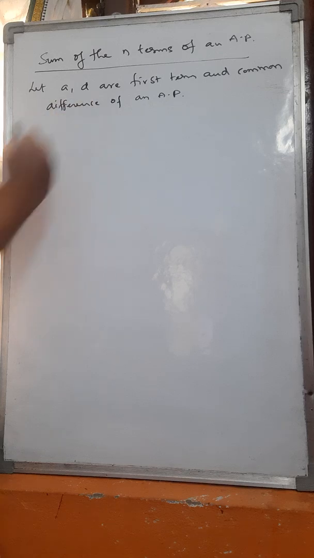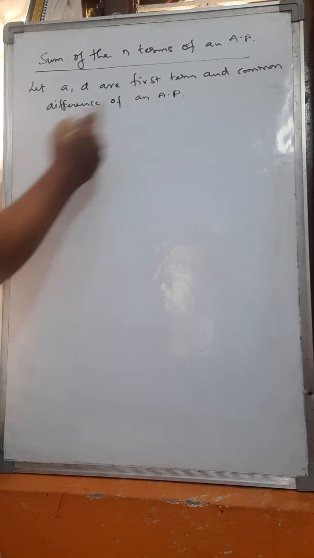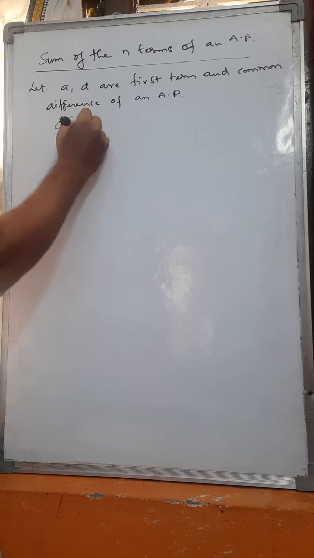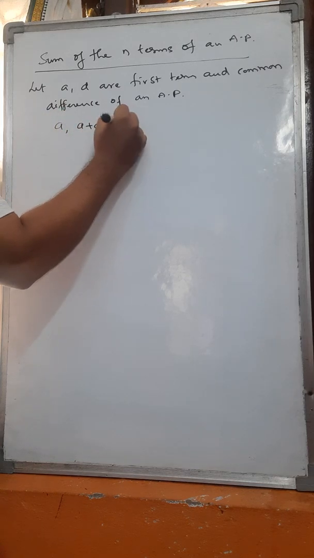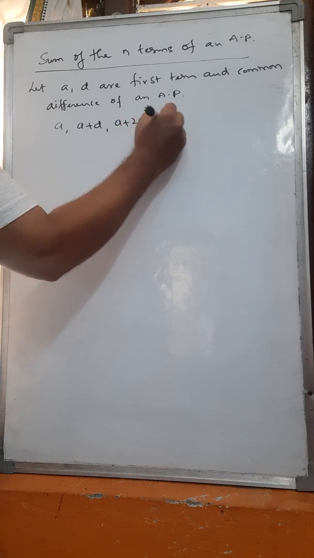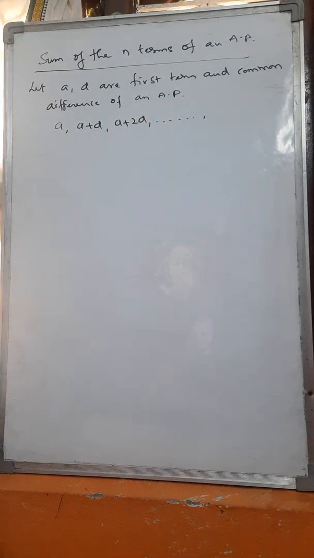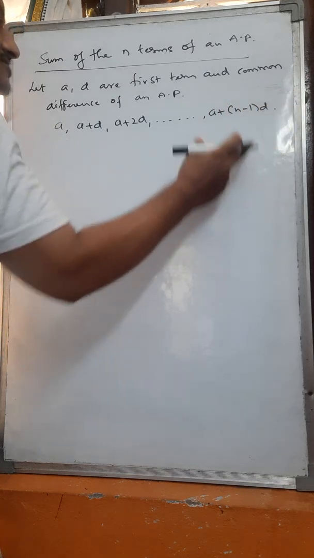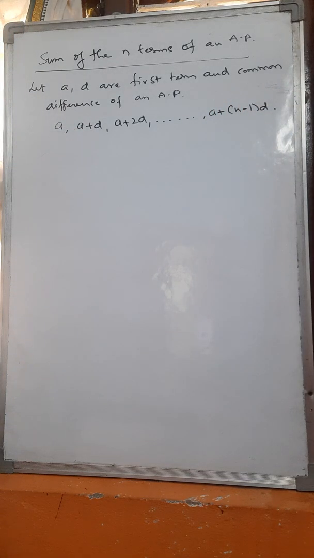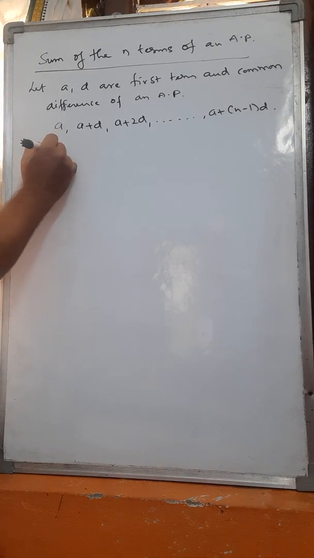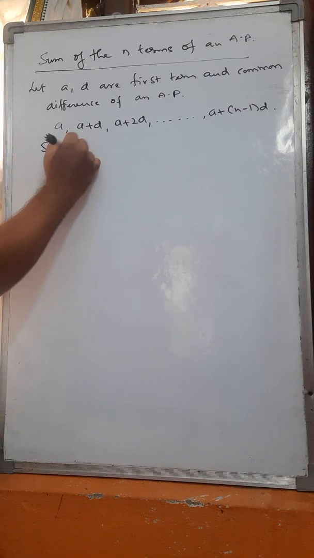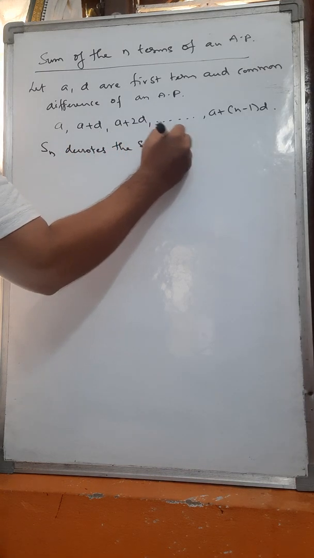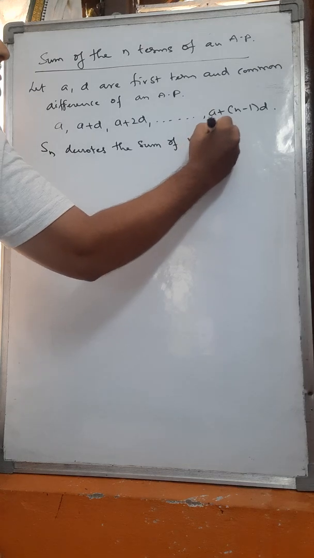Now what is the sequence of an AP? The first term is A, the second term becomes A plus D, the third term becomes A plus 2D, and so on. The nth term is A plus n minus 1 into D. These are the first n terms of the AP. Sn denotes the sum of n terms.